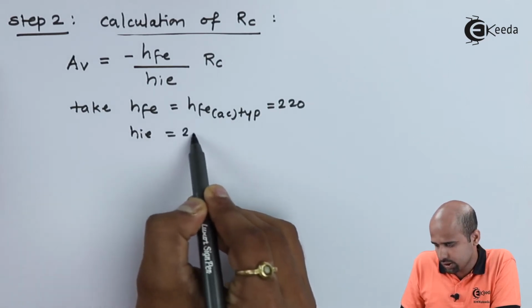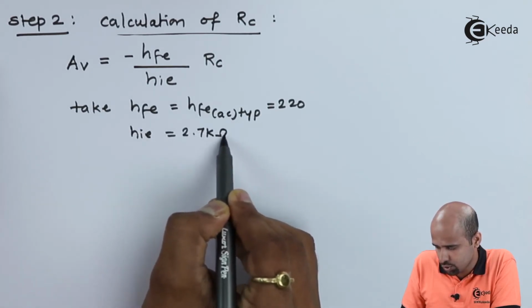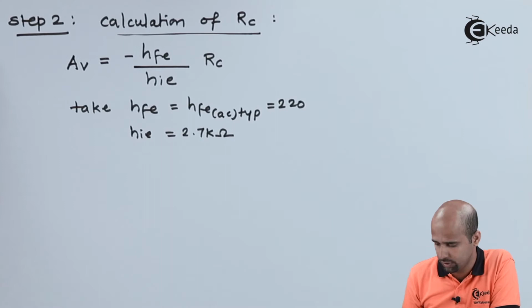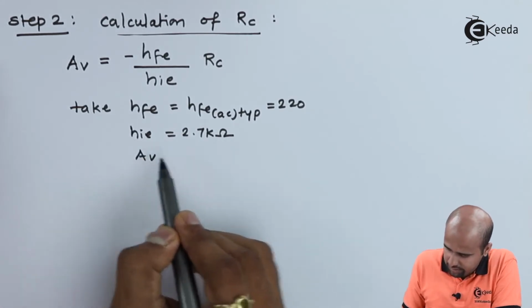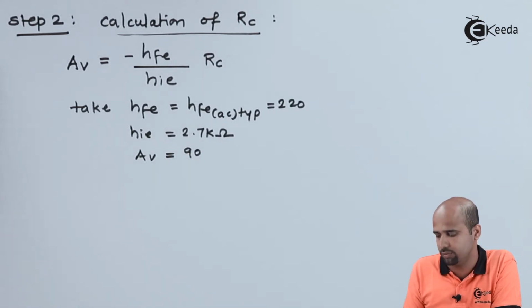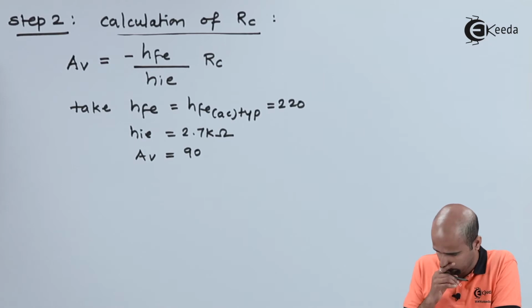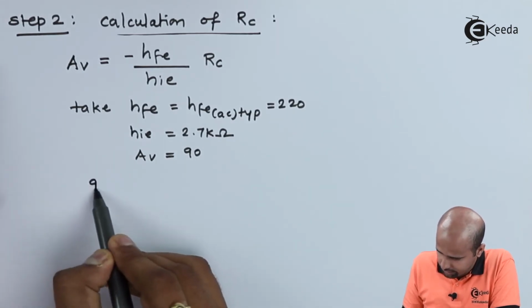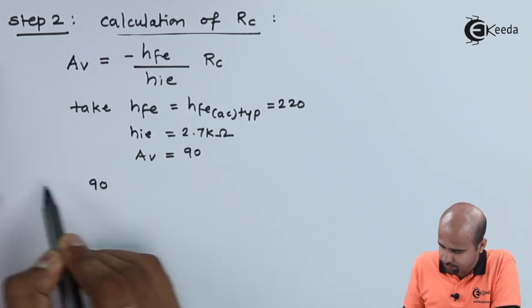HIE is always constant, that is 2.7 kilo ohm. AV is given; they have mentioned that it is 90. The least value is 90, not less than 90. So we'll take the worst situation.